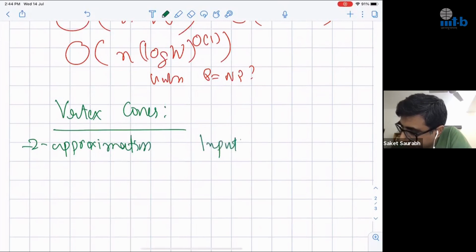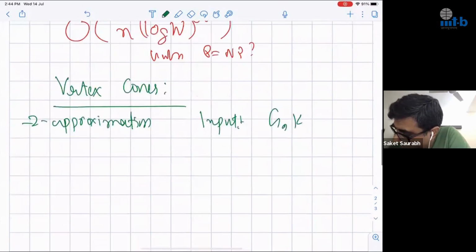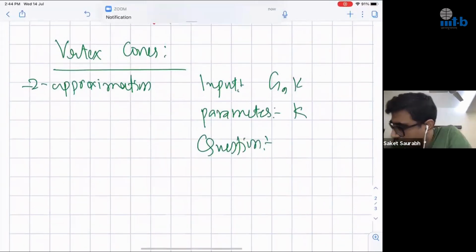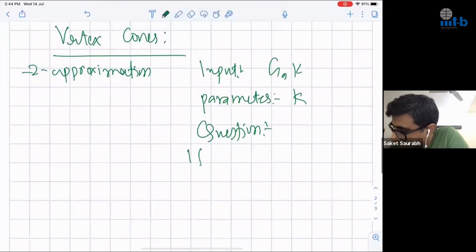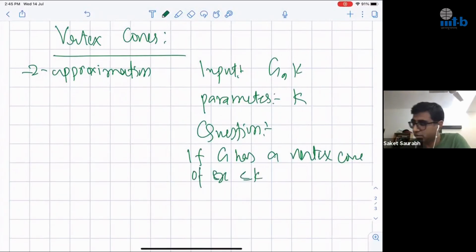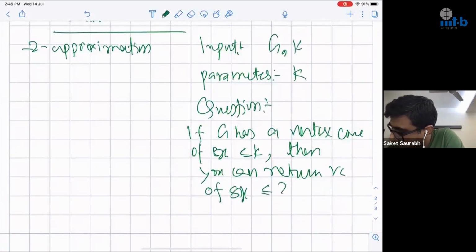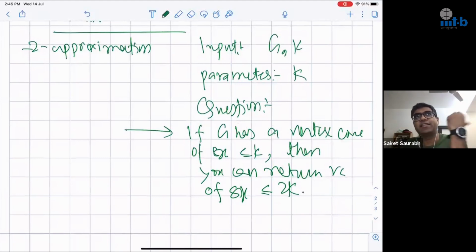My input is going to be G comma k, my parameter is going to be k, and the requirement is: if G has a vertex cover of size at most k, then you can return a vertex cover of size at most 2k. That's perfectly fine. The algorithm needs to have a guarantee that if the graph has a vertex cover of size at most k, then you are able to return a vertex cover of size at most 2k.